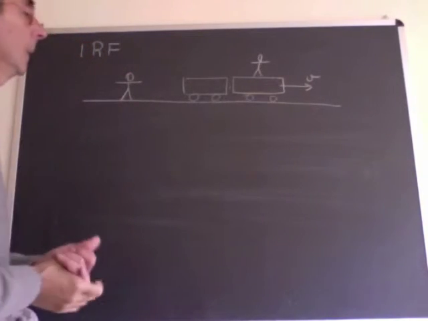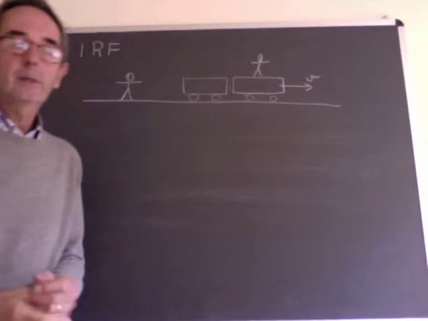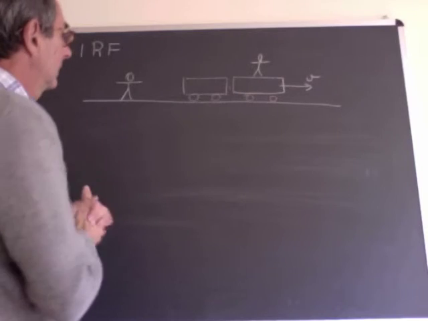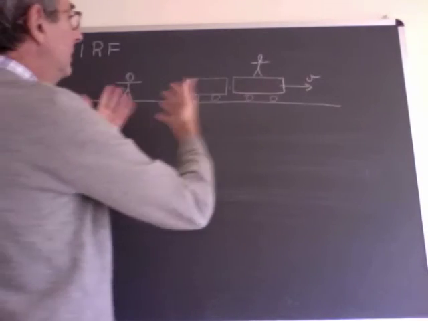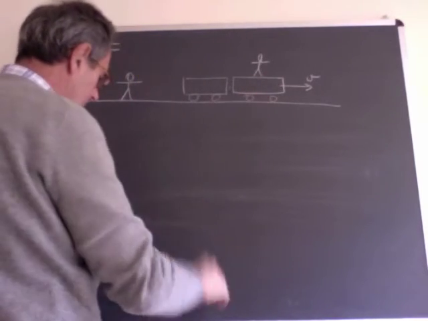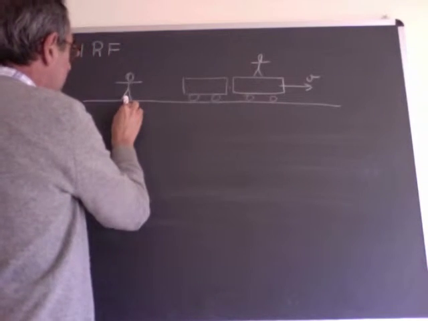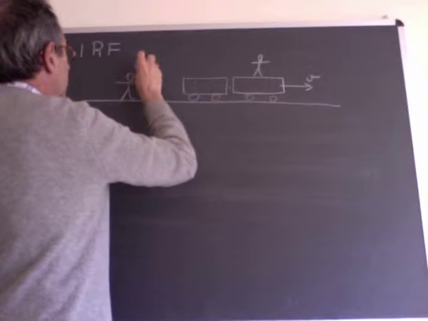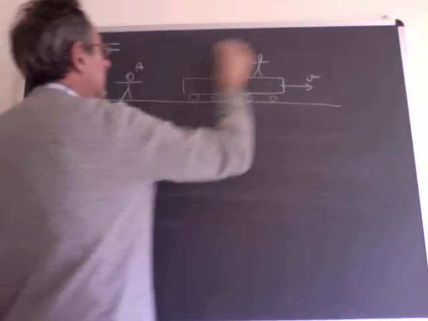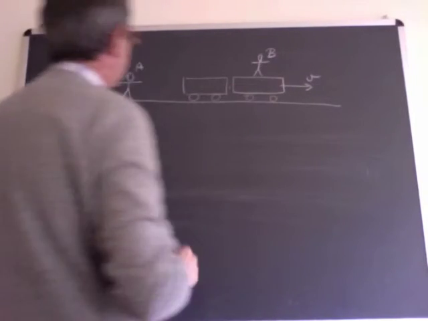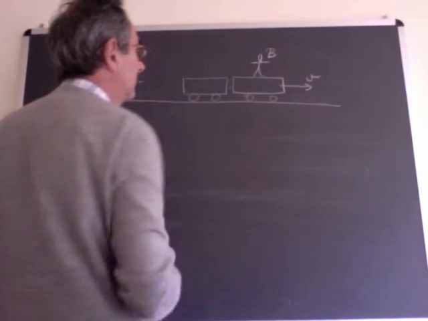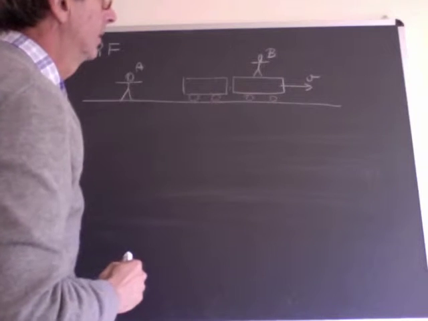If you look at this picture, you immediately understand that there is a relative motion. The man is standing still on the earth, and let's call this man A, and this is the man B. A is standing still and B is moving with velocity v on board of the train.